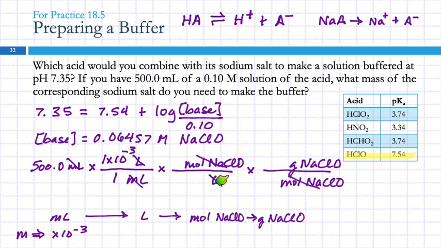Okay, moles to liters. Well, that's the molarity. That's what we calculated up here. And it's always a good idea to write out those units instead of just the capital M. This is moles per liter.